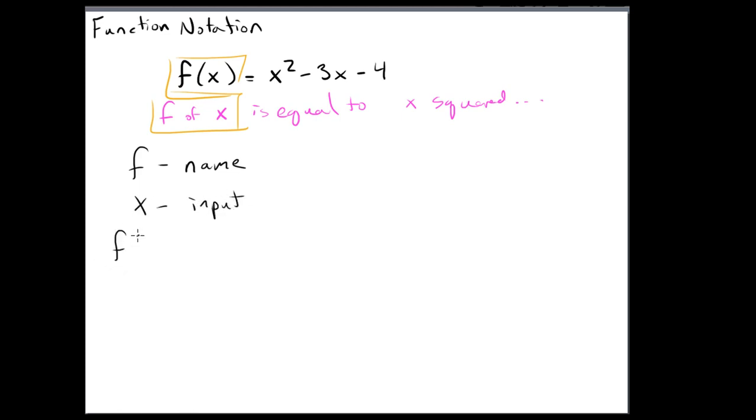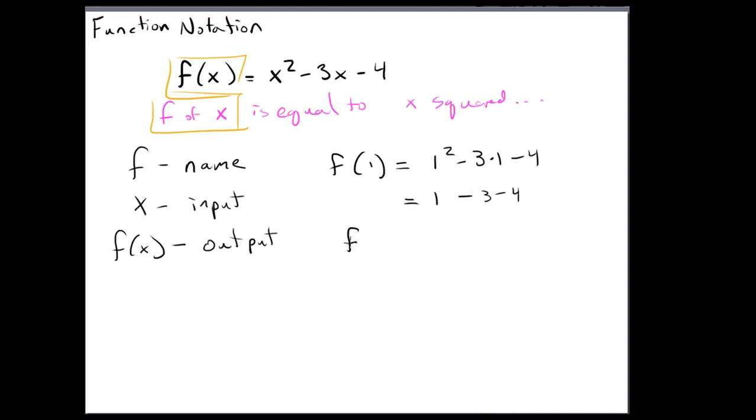And what's f of x? That's the output. So f with input 1 would be equal to 1 squared minus 3 times 1 minus 4. 1 minus 3 minus 4, so that's negative 2 minus 4, negative 6. We would say that f of 1 is negative 6.